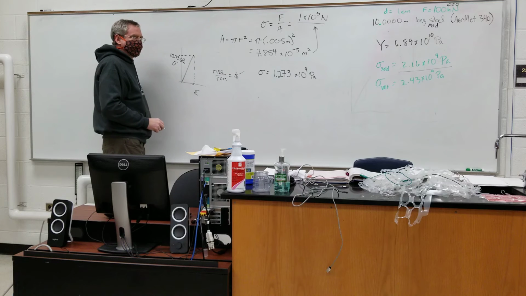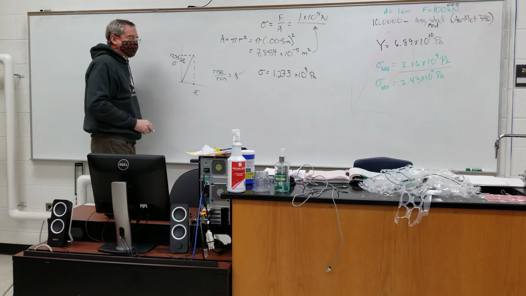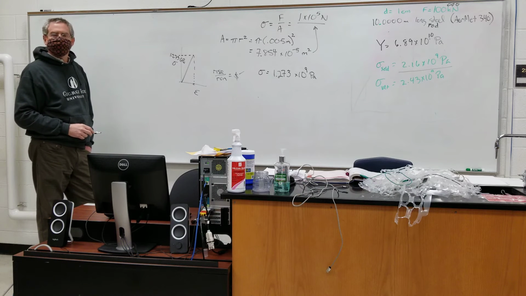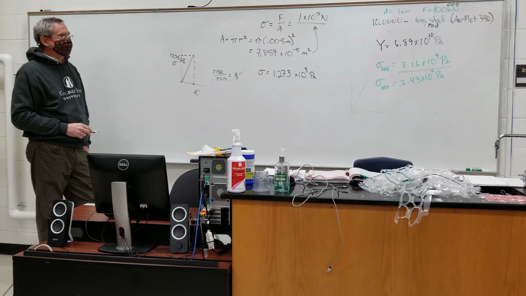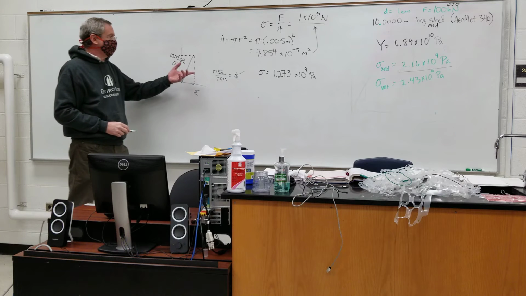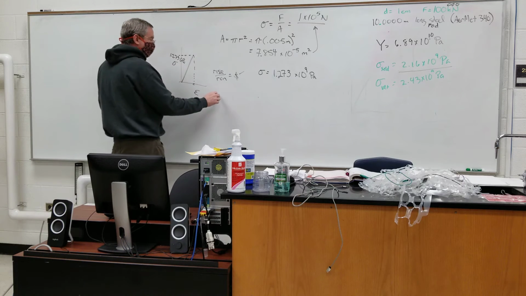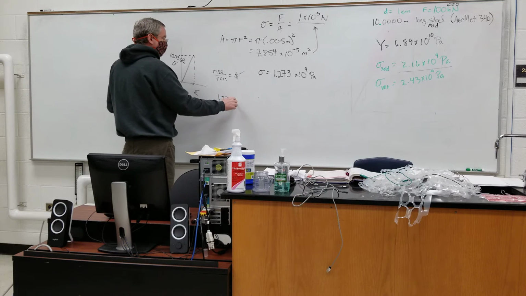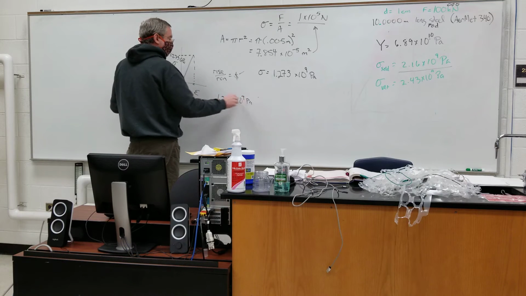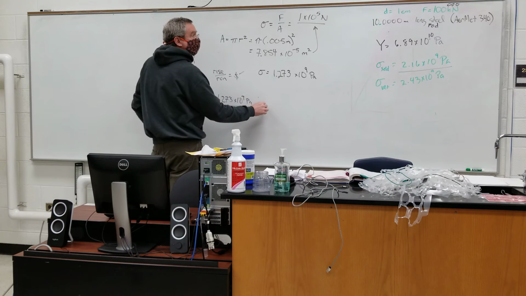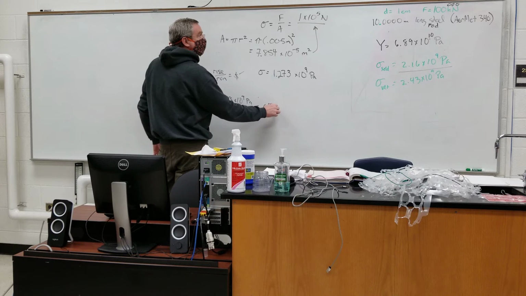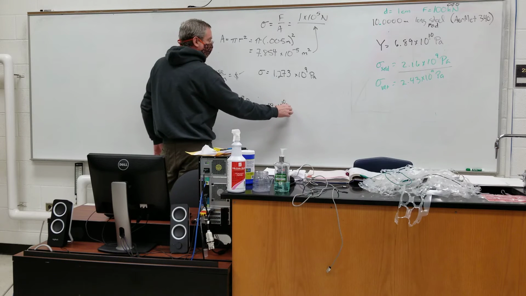I think we multiply both sides by the slope. So I have 1.273 times 10 to the 9th pascals divided by my strain is equal to 6.89 times 10 to the 10th pascals.